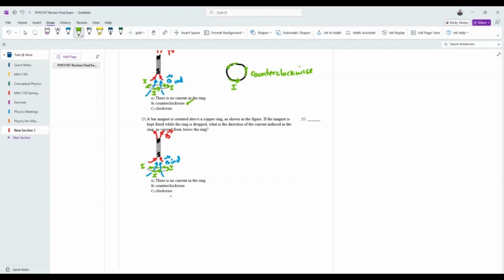Now, if you look from below the ring, and that's why the reference is important, what do you see from below the ring? You will see a current that goes clockwise.